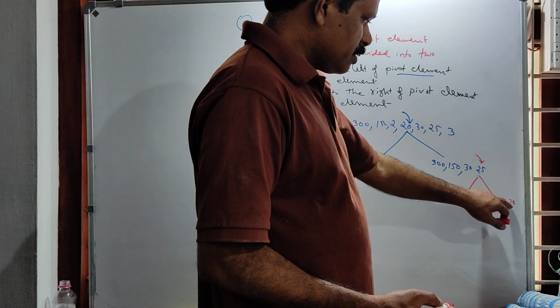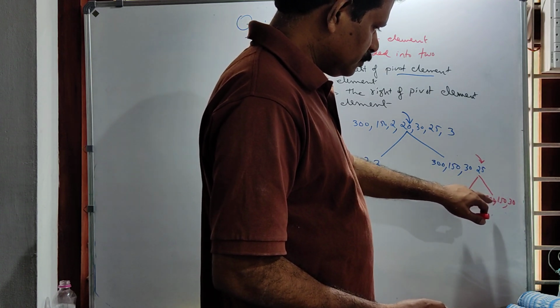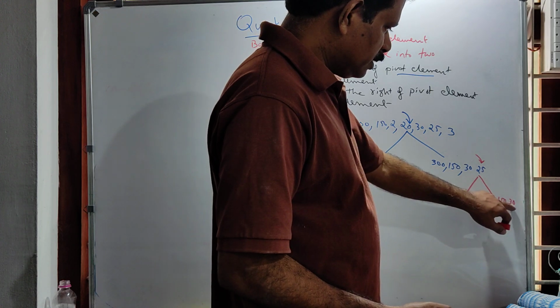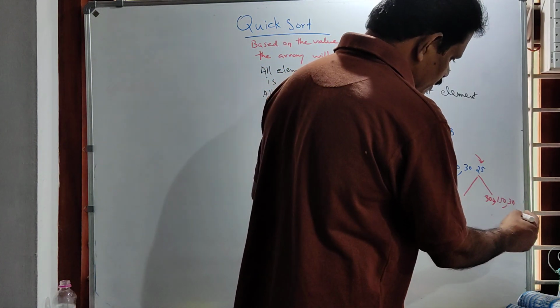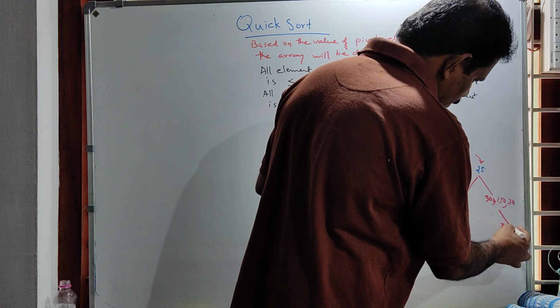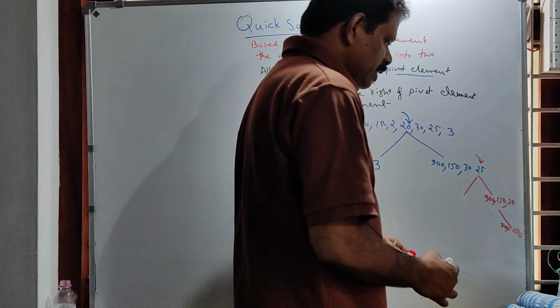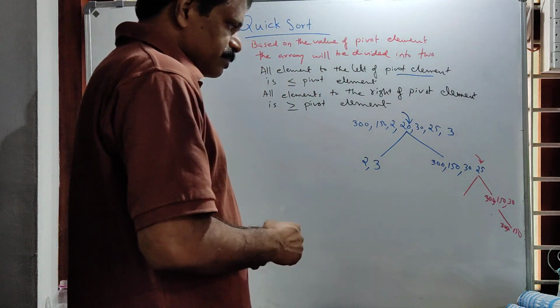Then in this subtree we are selecting 30 as the pivot element. Then this will be the next level. All the remaining elements will be gathered on the right subtree.